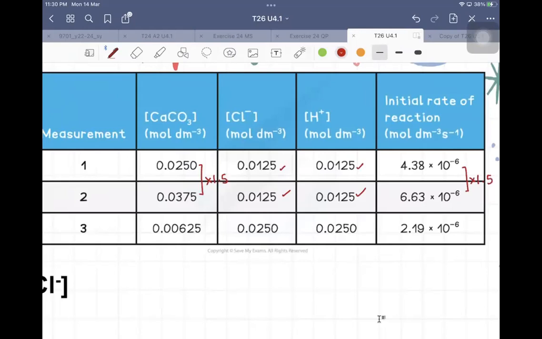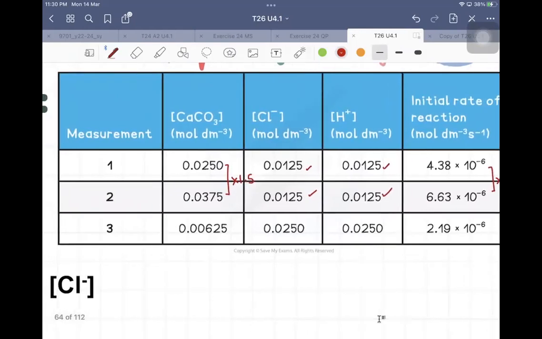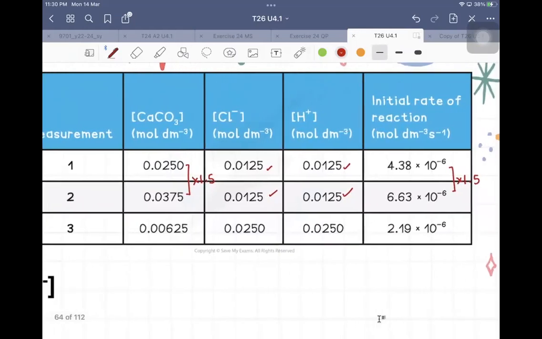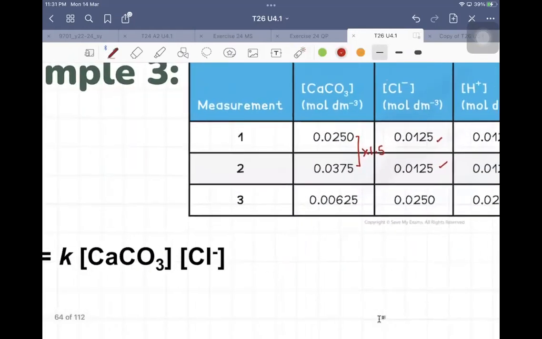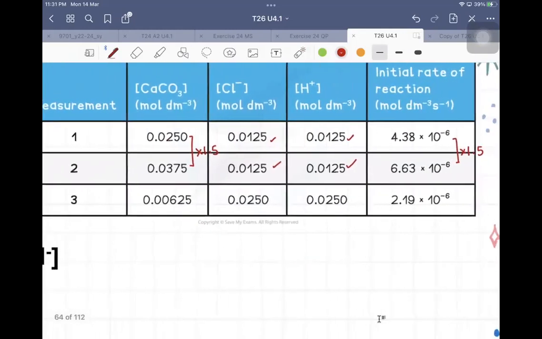Okay, so that means since the concentration of calcium carbonate increases by 1.5 and the rate increases by 1.5, the order of calcium carbonate is 1. Okay, correct.